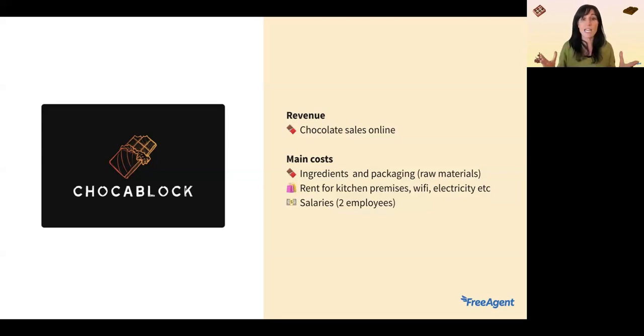I often sell to big retailers. My main costs are things like ingredients and packaging, the rent for my kitchen premises, and salaries. I put this here today just to make it a bit more interesting, to bring it to life a little bit. It's quite a simple example, but what I'm about to show you today is suitable for any type of business and for very different types of complexity as well.